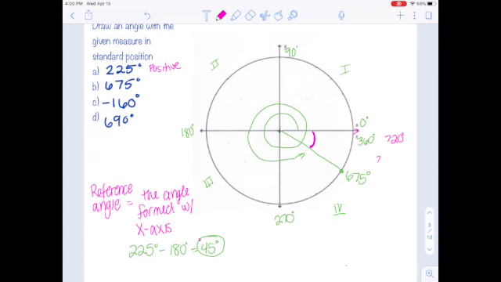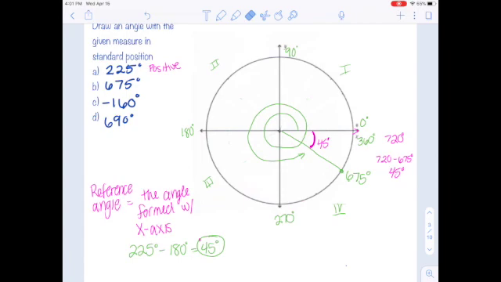So to find my reference angle, I'm going to take that 720 minus the 675 degrees, and that would be 45 degrees. So my picture's slightly off a little bit, but I think you get the right idea.